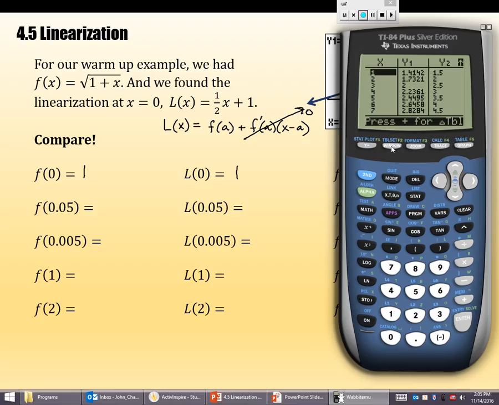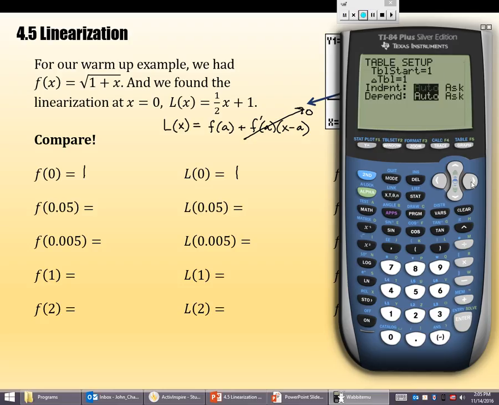And by the way, like I said, some of you were wondering how you do this ask thing. Have you done this before on your table setup? You can do ask. Where's my table? Table, there we go. All right, so we can type this in here.